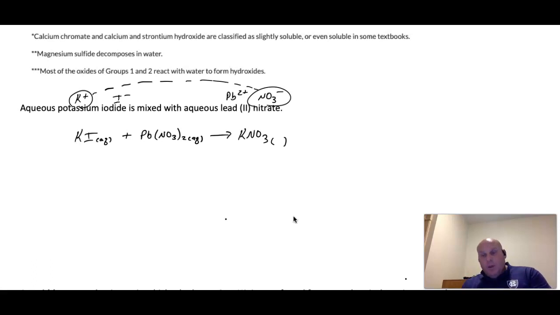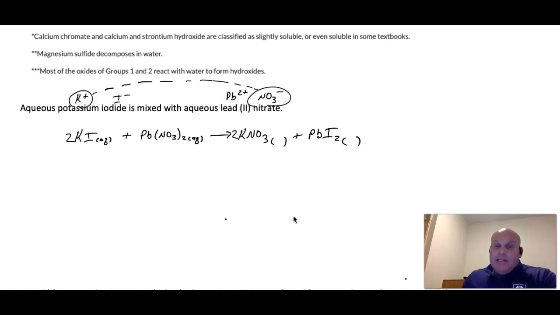After I've predicted both products and balanced this out, then I'll turn my attention to determining what state that KNO3 is, and I have to do the same thing for the lead(II) iodide. Okay, so I've predicted the products. As we know now, we always have to balance, so a quick look at this, it should balance like that.